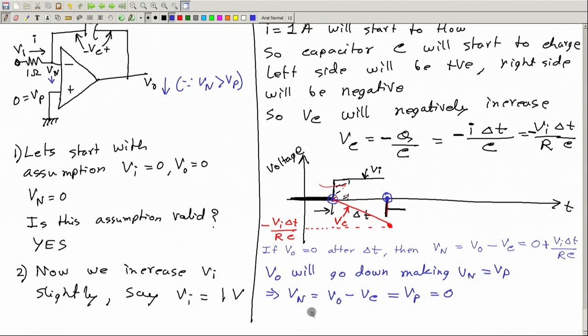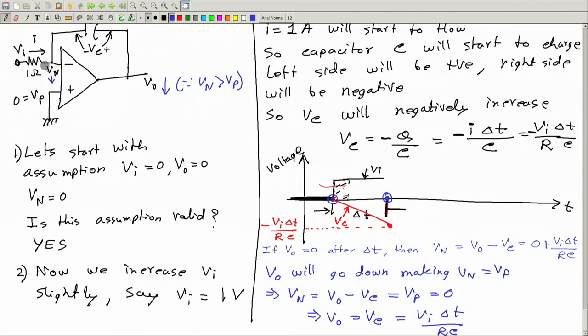So from this Vo will become equal to Vc, which is the same as Vi delta T by RC. So at this moment definitely the output of the op amp will go down and make this again equal to 0. This is how the op amp will work.